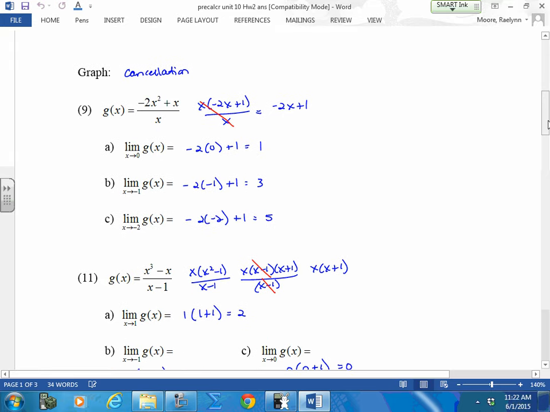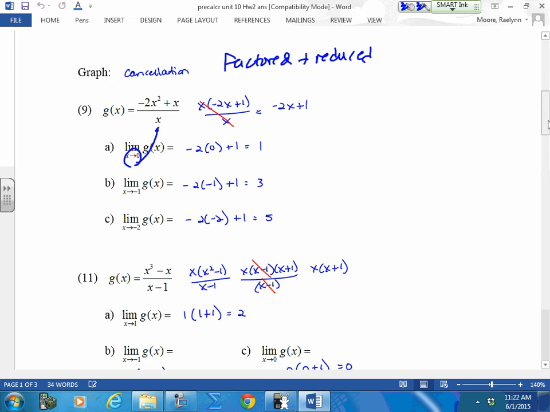I hear chuckles. Okay, cancellations. These are basically what we did when we found your point of discontinuities. We factored and reduced. Now here's the problem. I cannot substitute an x of 0 in here. It's giving me a 0 denominator.